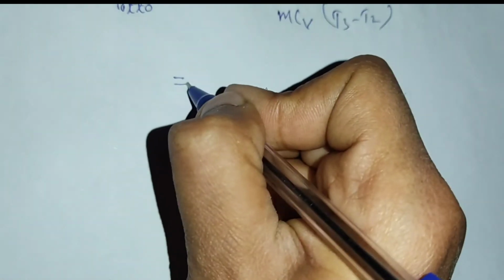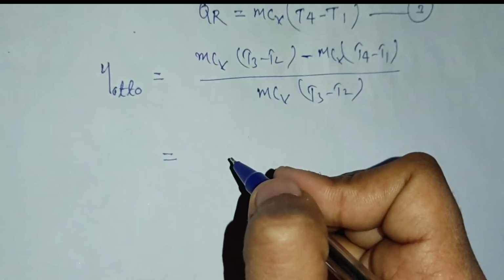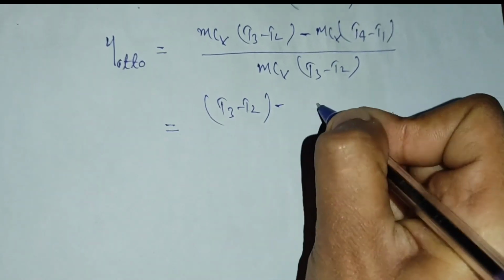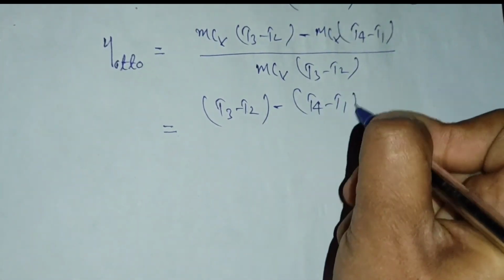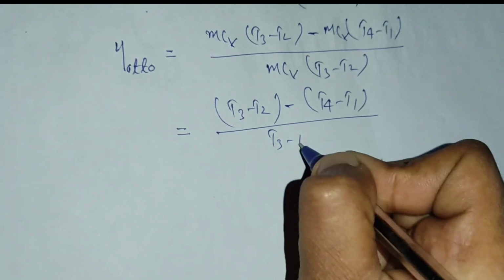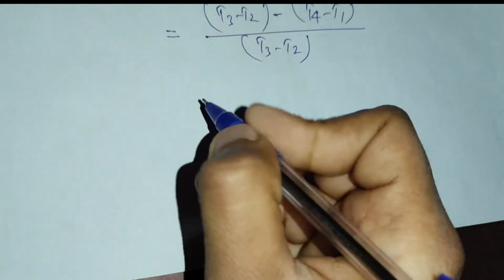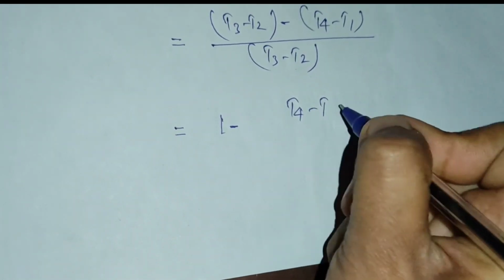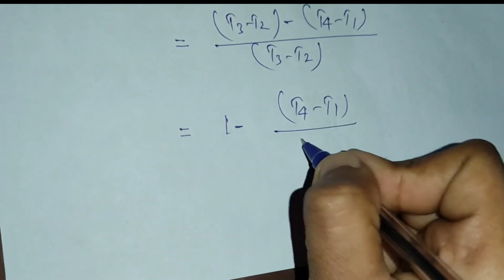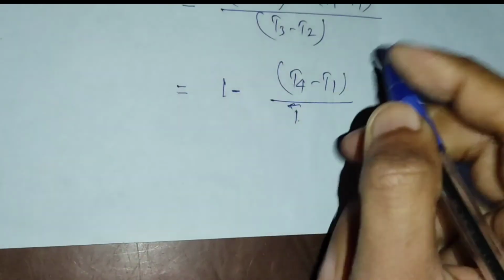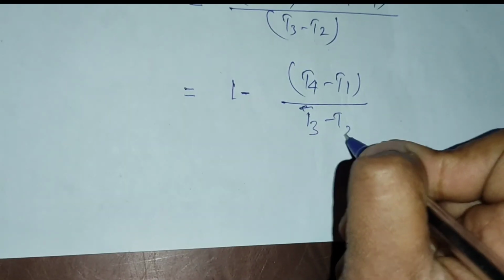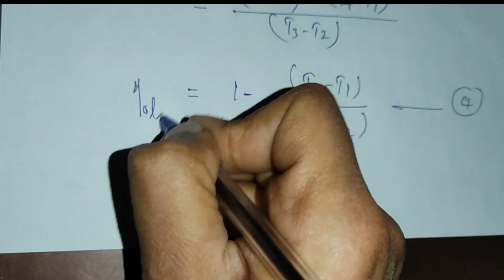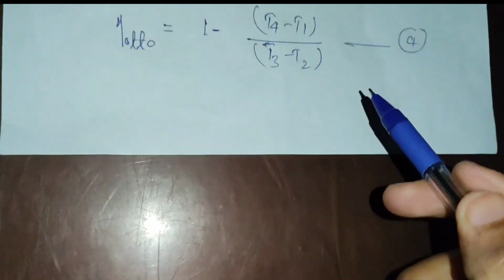By simplifying, this can be written as [(T3 minus T2) minus (T4 minus T1)] upon (T3 minus T2). Simplifying again, we get 1 minus (T4 minus T1) upon (T3 minus T2). This is equation 4, the thermal efficiency of the Otto cycle.